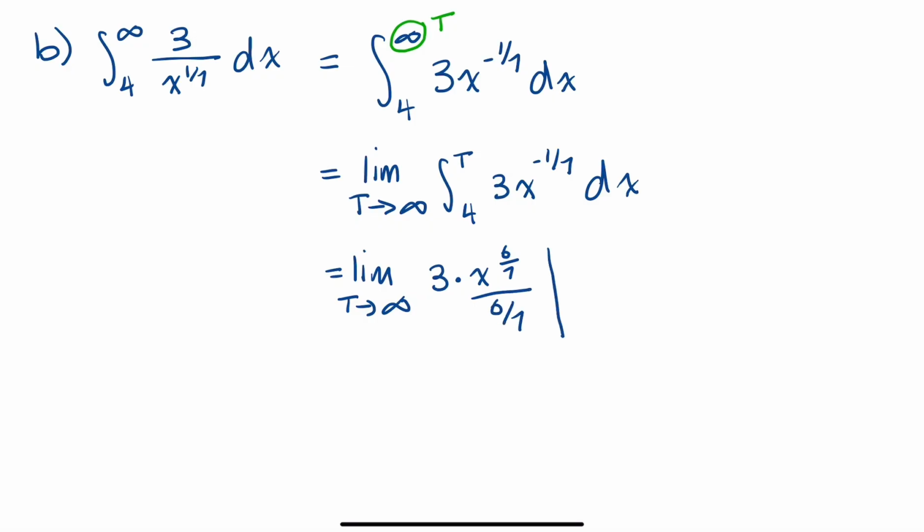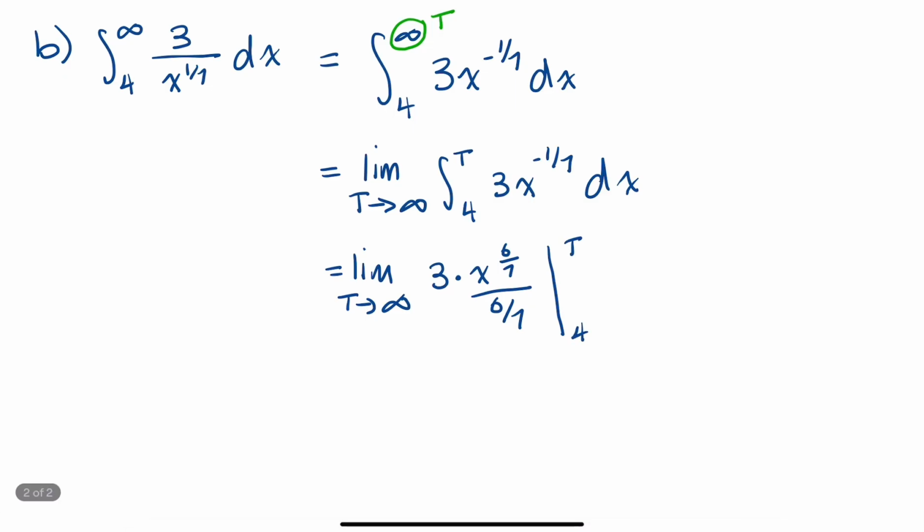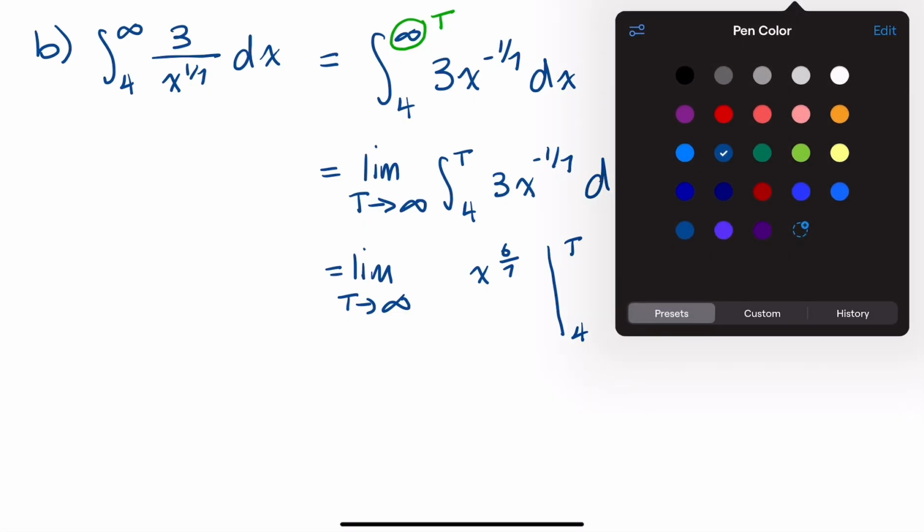And this will be evaluated between 4 and t. However, dividing by 6 over 7 is also the same thing as saying multiplication by 7 over 6. So why don't we get rid of this ugly looking division and do that instead? And I'm also going to multiply the 7 over 6 with the 3 we already have out in front, which is going to give us 7 over 2.